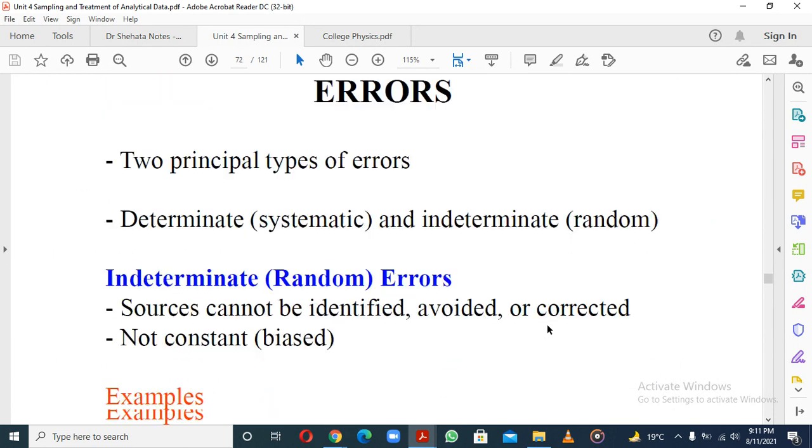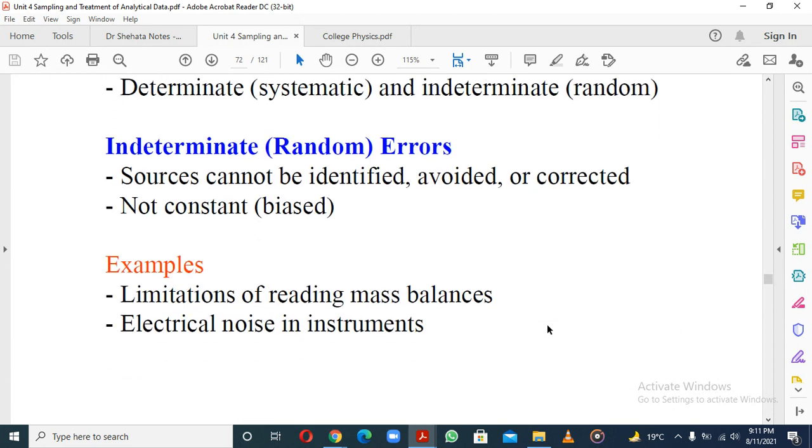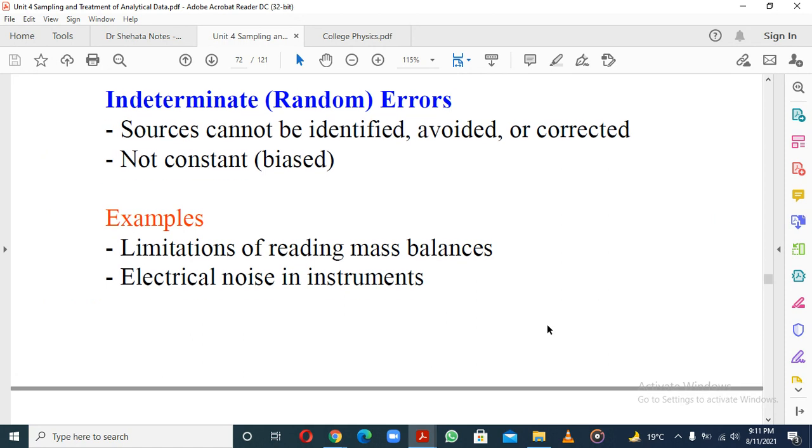Now, the indeterminate and random errors. The sources cannot be identified, and that's the problem. You can't identify them, they can't be avoided, and neither can you correct them. Because, and this makes sense, if you can't identify something, then you can't correct it, isn't it?